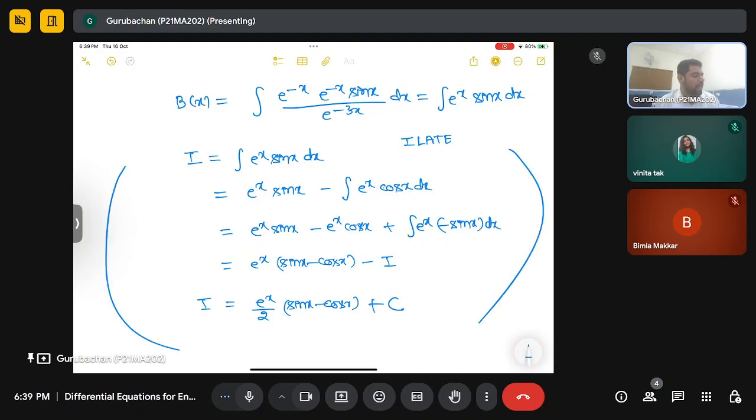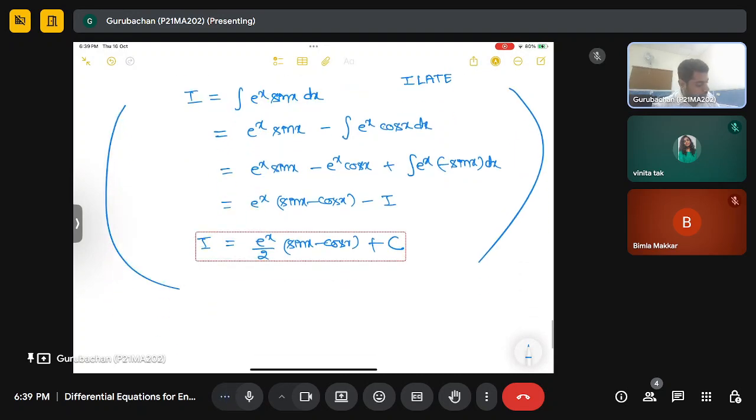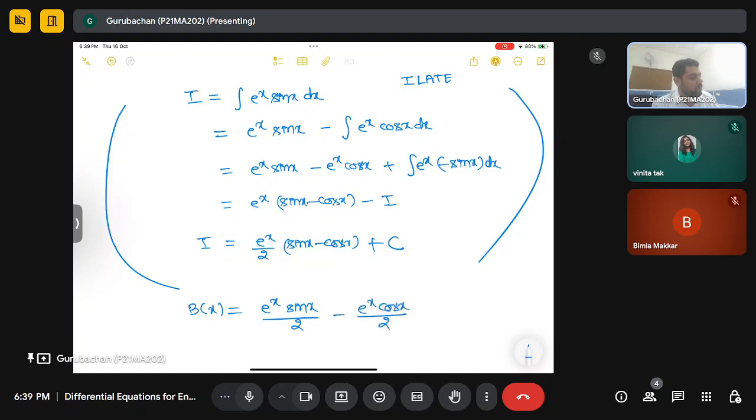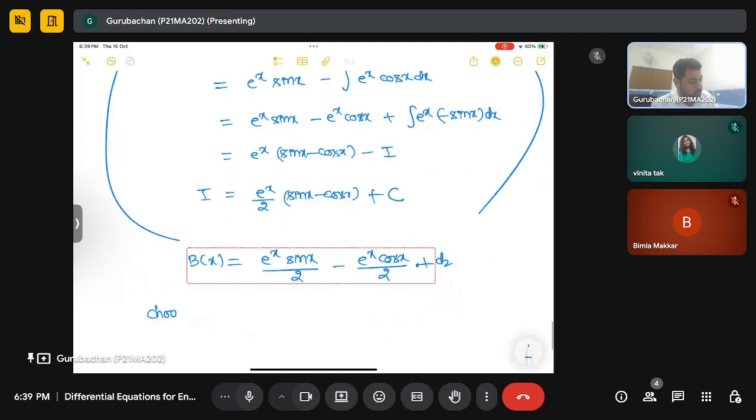So we apply this in the given problem. Therefore b(x) will be e to the power x sin x divided by 2 minus e to the power x cos x divided by 2, and since some d2, we choose d2 to be 0.